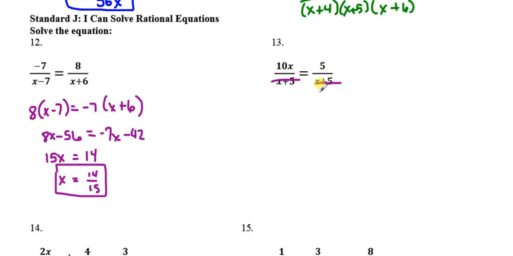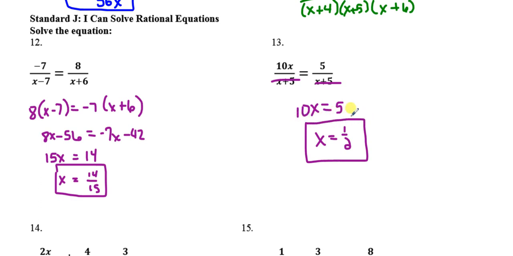But this is much easier. So we have 10x equals 5, x equals 5 over 10, or 1/2. Divide both sides by 10, you get 5/10, 1/2.